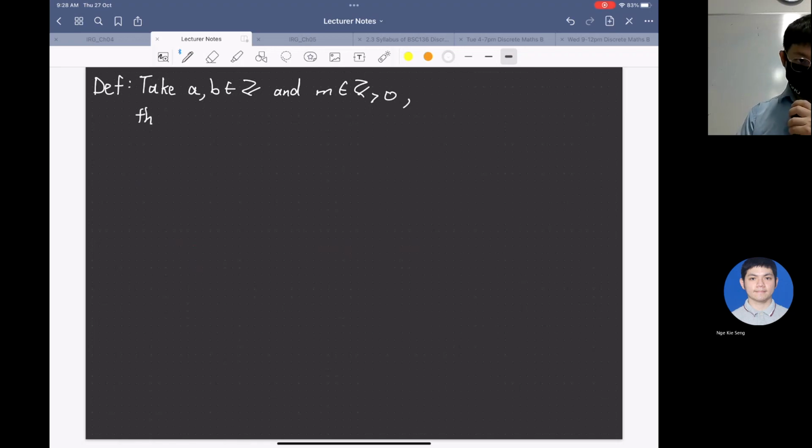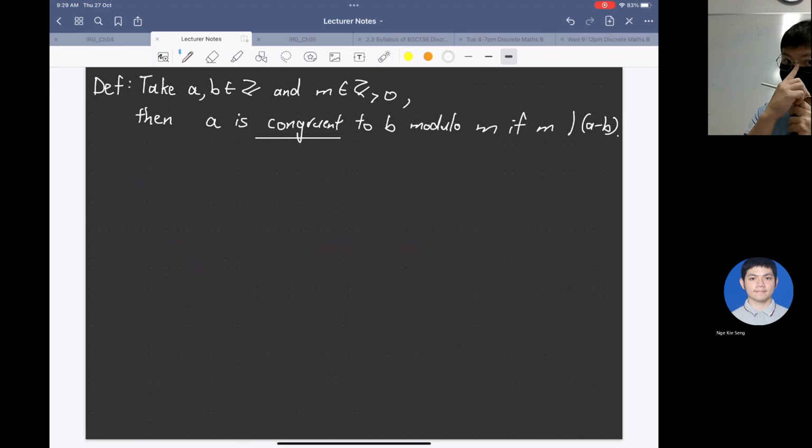Then we say A is congruent to B modulo M if M divides A minus B. This is what we mentioned at the start of the class.